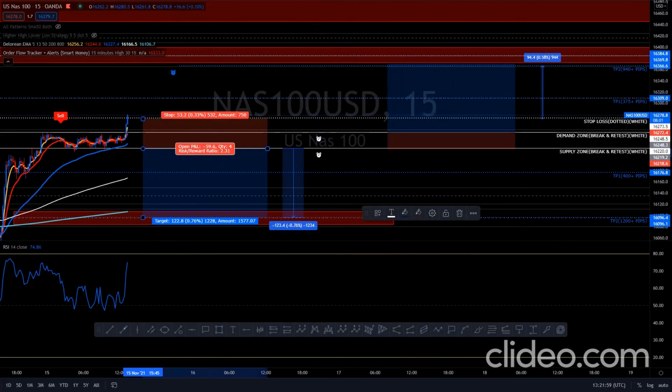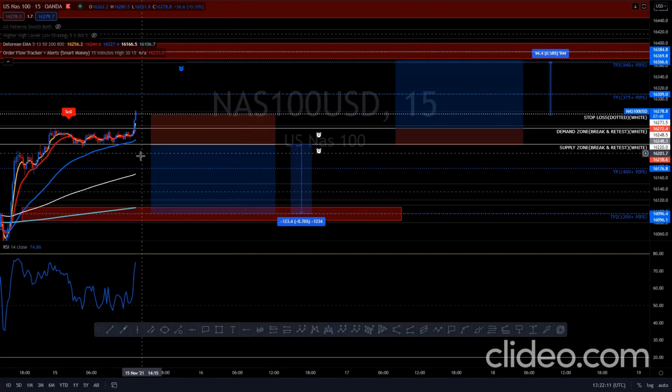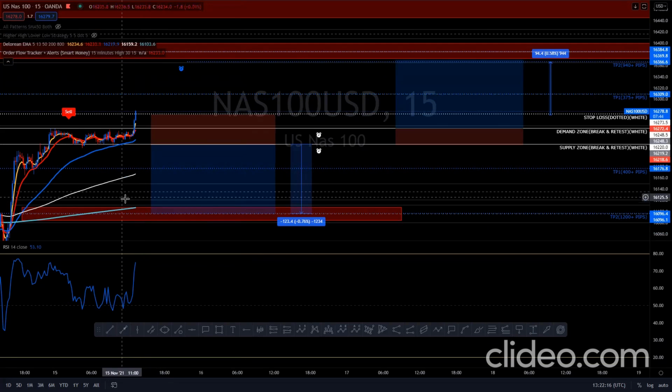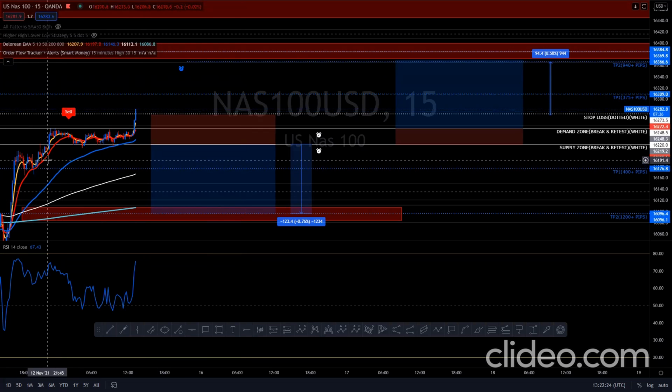And then we'll see exactly which area that price decides to mitigate. And I really believe that it's a possibility that they could at least mitigate 50% of this area, maybe down to here, because there was a last sell candle, then a buy up.